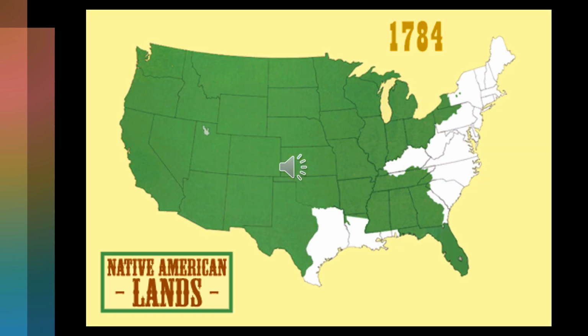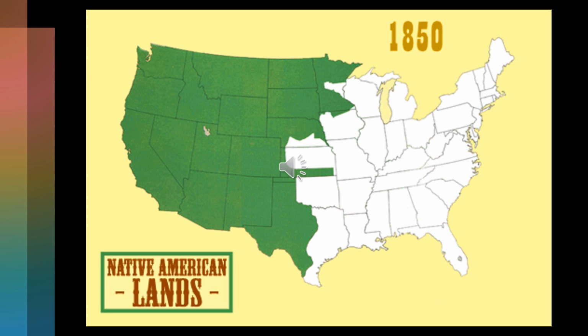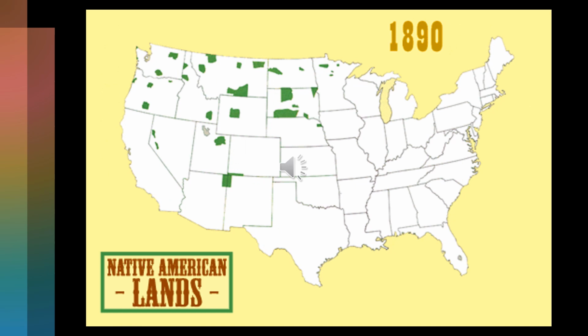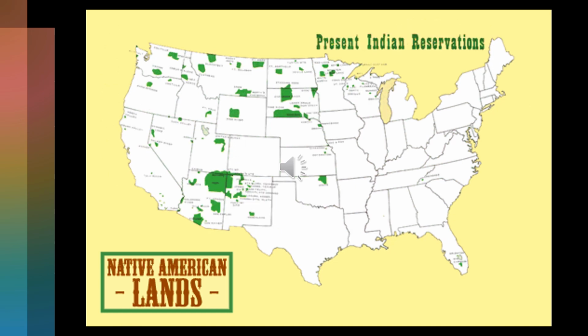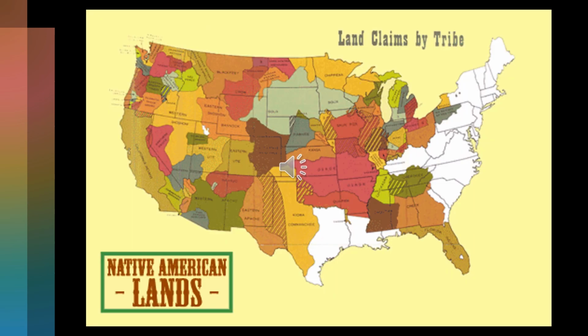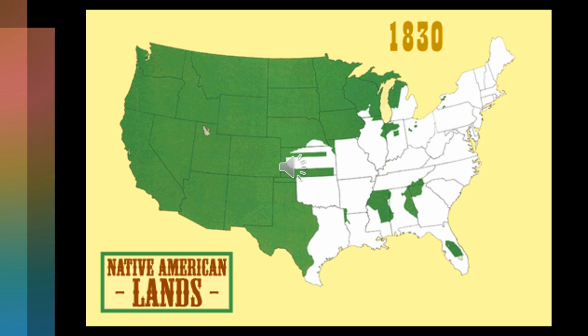Now I found this slide interesting. This is a graphic that takes the viewer through the historical background of native lands and how the native lands were impacted by westward expansion of Europeans, then colonists, then Americans.